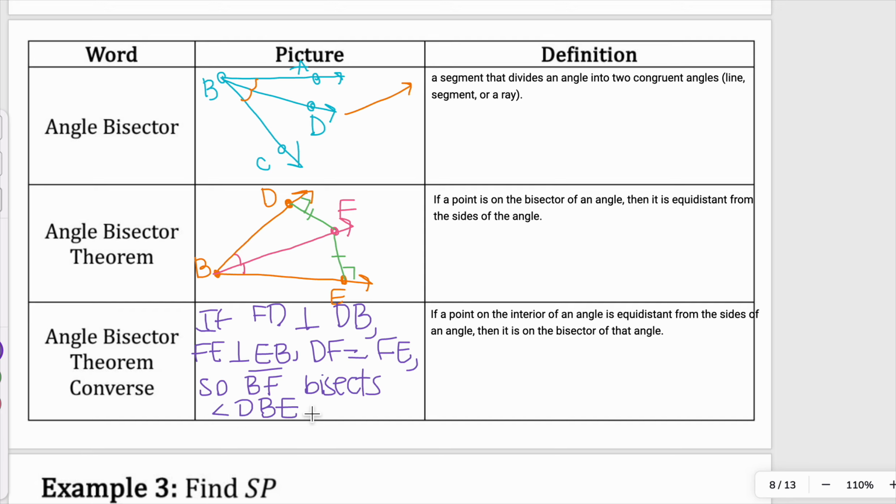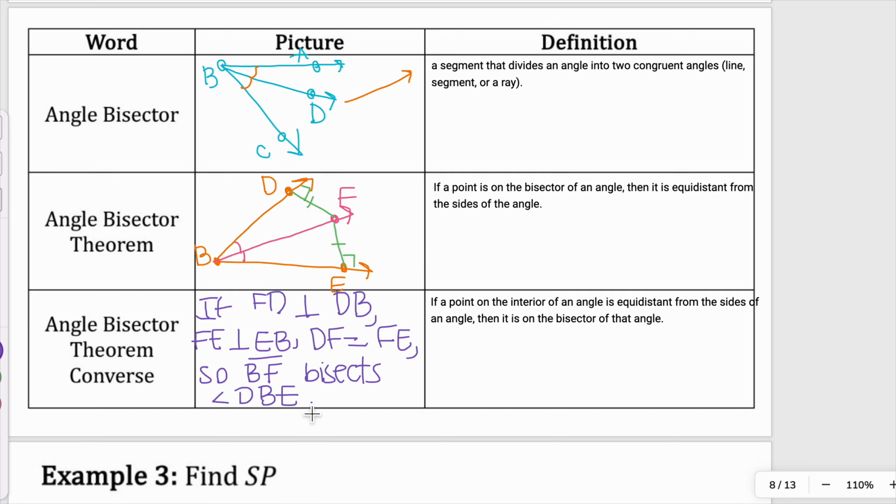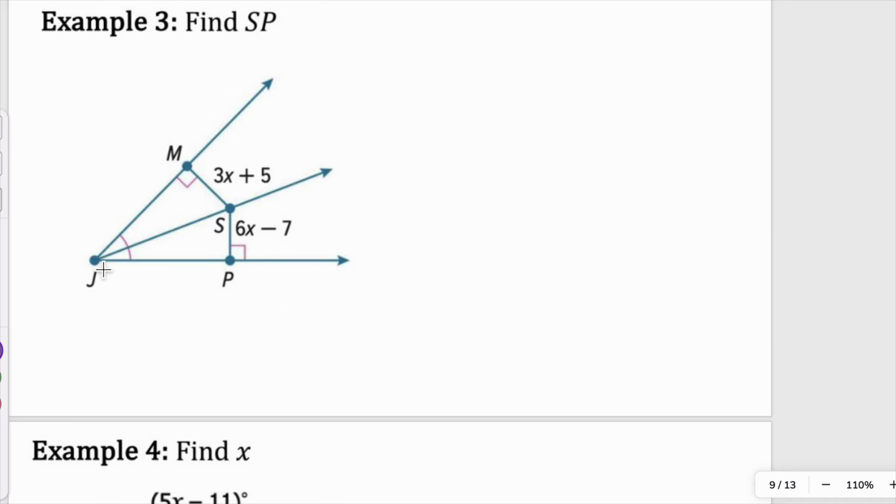Okay, let's go and try some examples now that we've gotten an idea of what angle bisectors are. So finding SP, and what we're seeing here is my angles being bisected by a line JS, so that means 3x plus 5 is equal to 6x minus 7. I'm going to go and start by subtracting 3x on both sides and adding 7 to both sides.